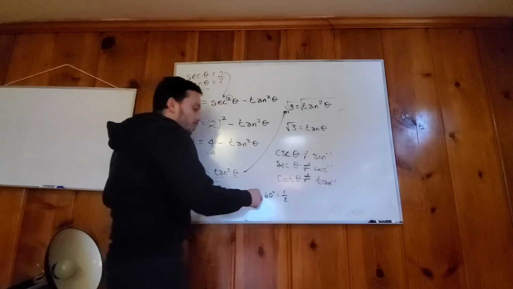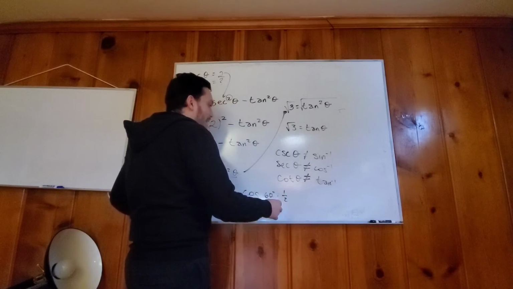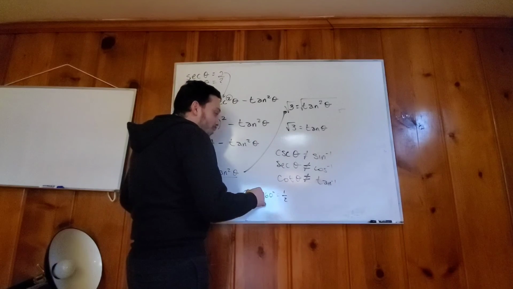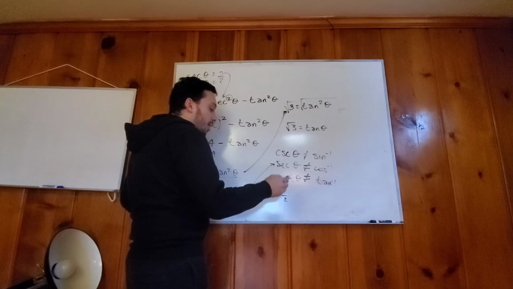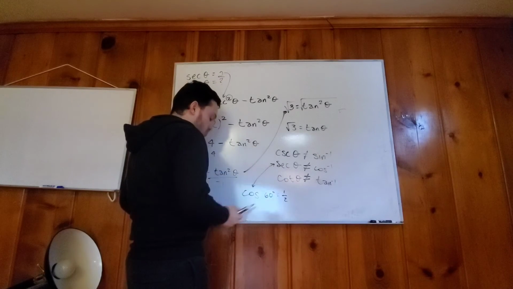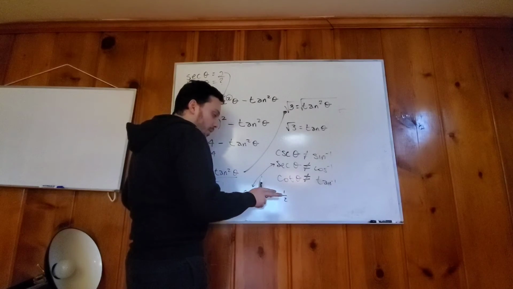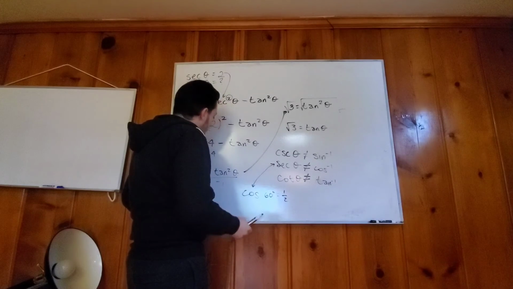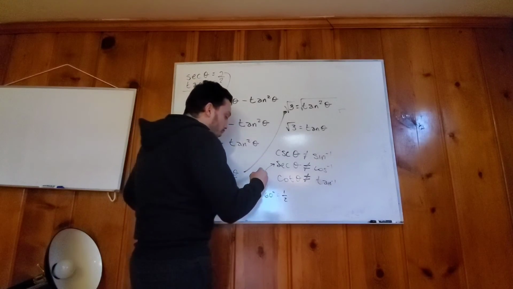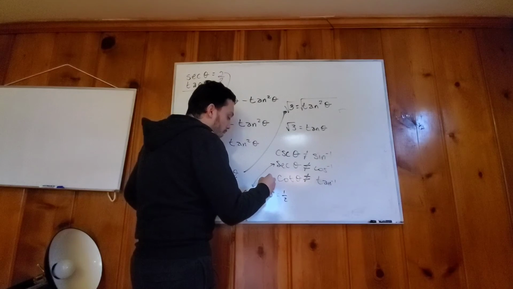So cosine 60 degrees is 1/2. And the one that goes with cosine is secant. Remember, secant and cosine, they are inverse. Okay, they're not inverse. Sorry, they are reciprocals. Not inverse, but reciprocals. Let's write it there.